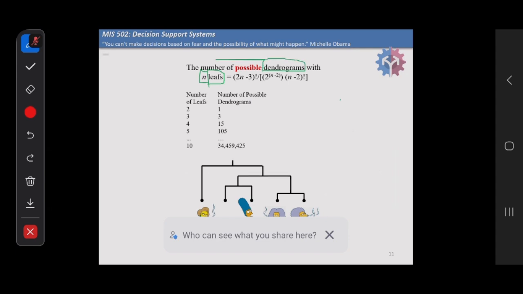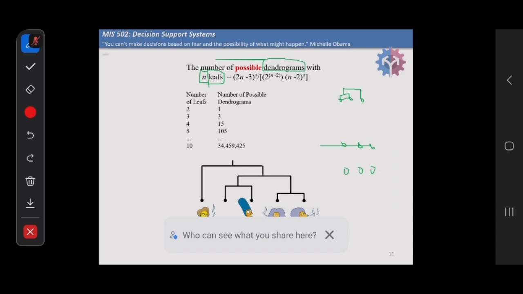For example, imagine if there are 3 points: the first point, the second point, and the third point. How many dendrograms can you make? I'm going to draw it like this. One of the dendrograms we can form is to join these two together and then join this one.